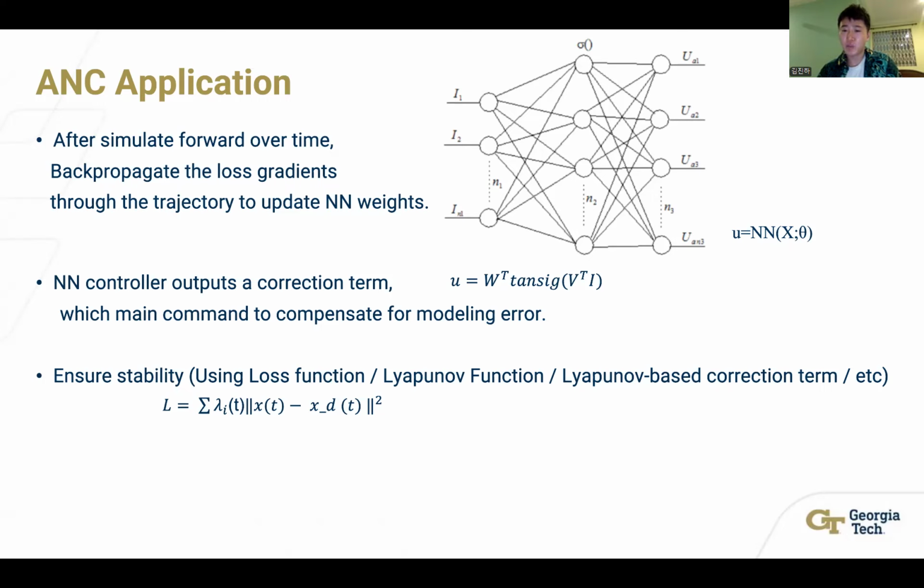And for the control output, I used a correction term, which is the main command to compensate for modeling error. Even though it is a data-driven approach, I tried to use some physics correction term to mitigate the errors, because without physical correction, the rocket often fails to converge, or sometimes it reaches saturation.